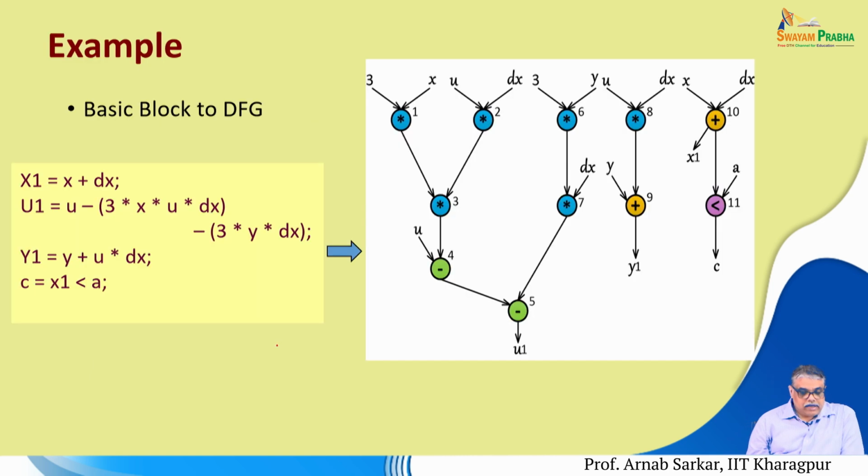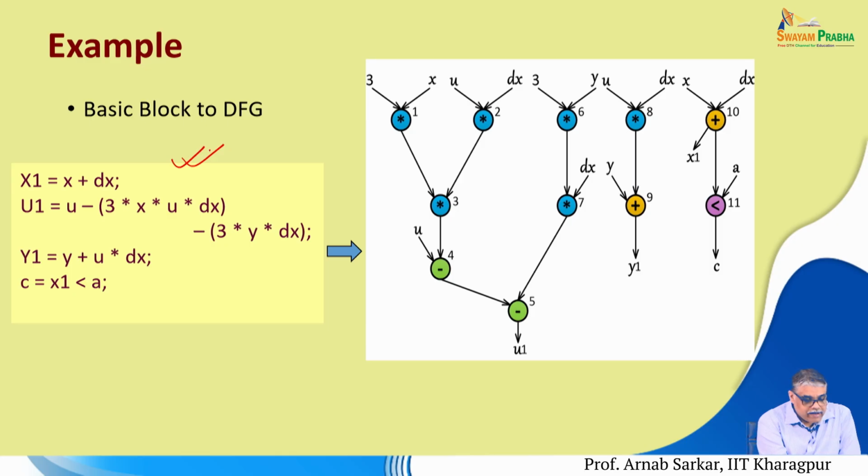So, for understanding this and the other scheduling examples we will study, we will take this basic block. This basic block is essentially for a design of a differential equation.